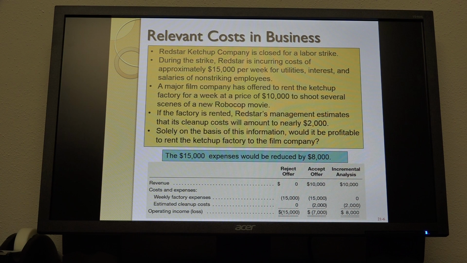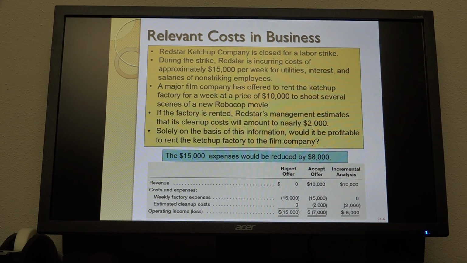So they have this next example, which is a little closer to the kind of business decision one might make. And so Red Star Ketchup is closed for a labor strike. During the strike, Red Star is incurring cost of approximately $15,000 per week for utilities, interest, salaries, and salaries of non-striking employees.